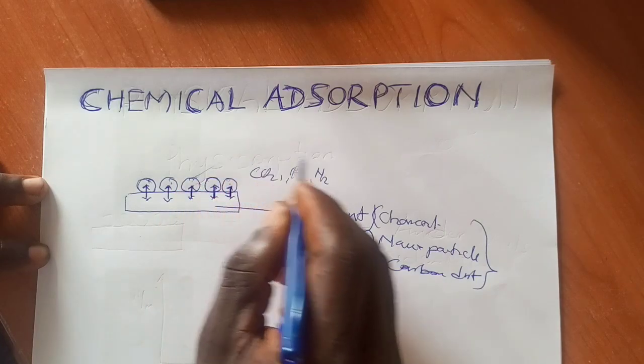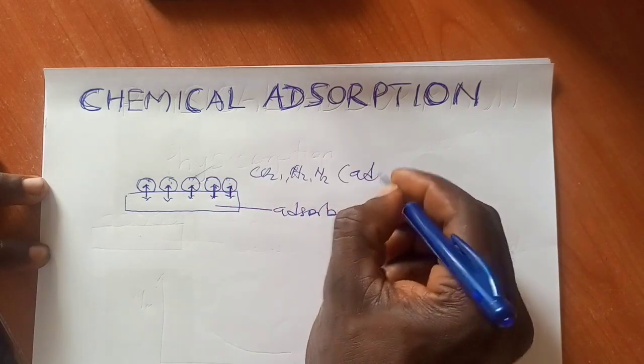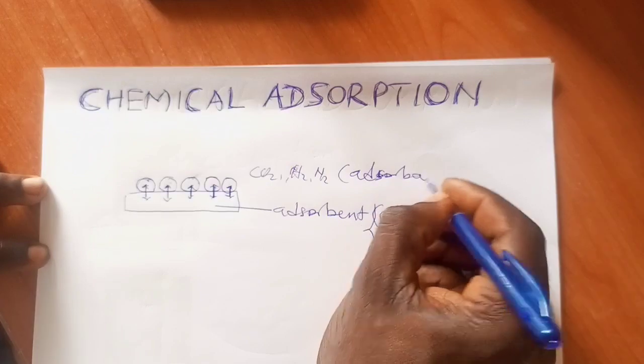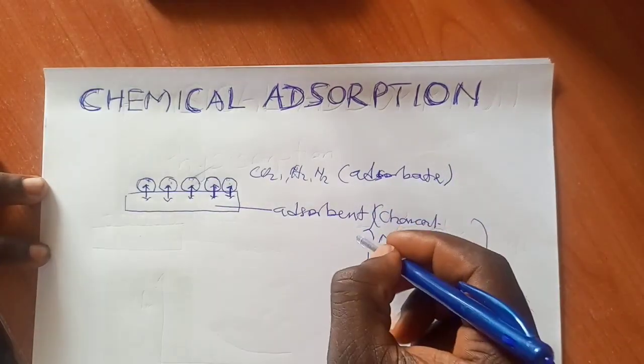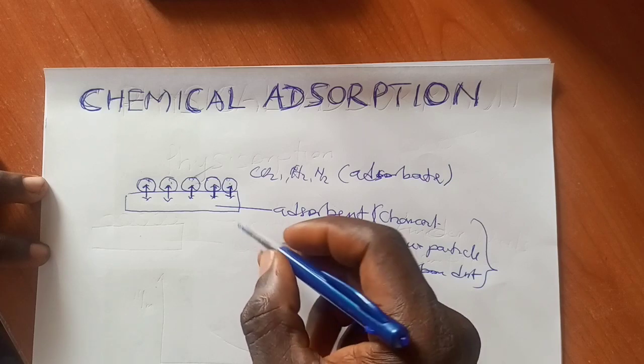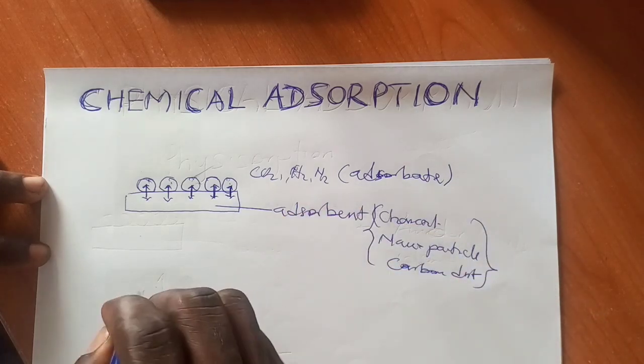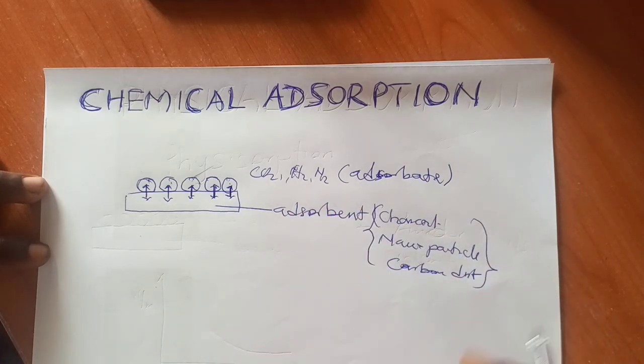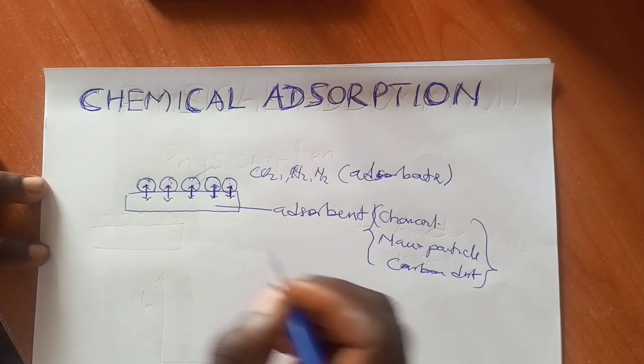This is the gas molecule, you call it the adsorbate. When the interaction between the adsorbate and the adsorbent brings up a chemical bond, you call it chemical adsorption.